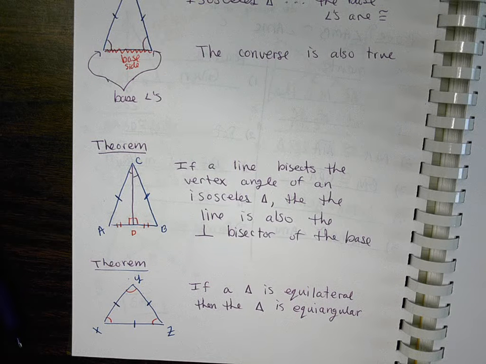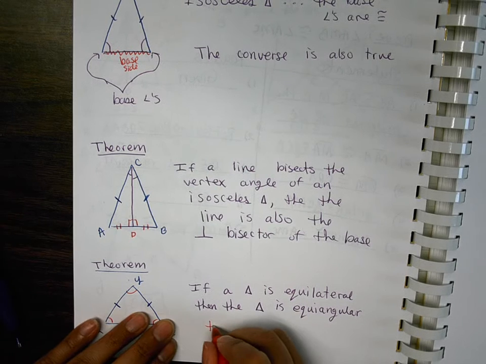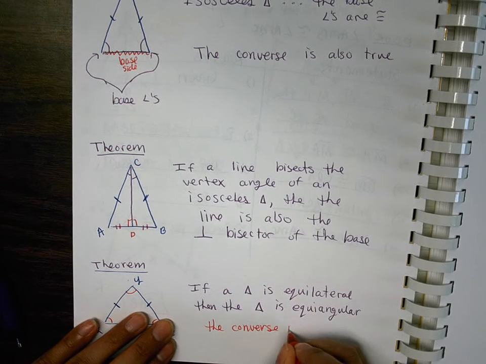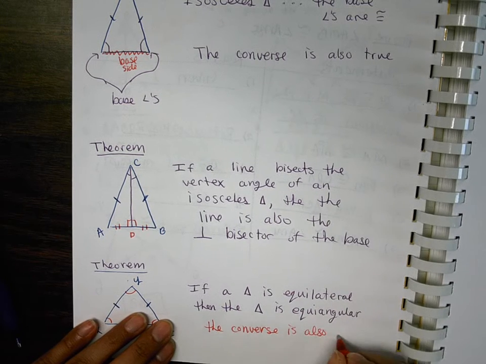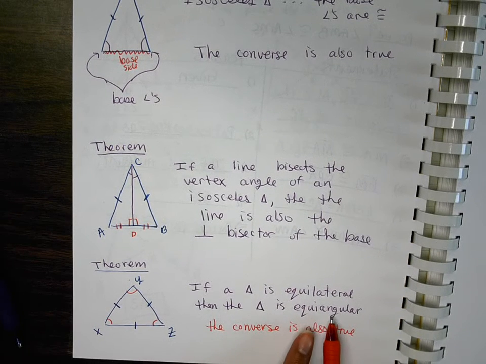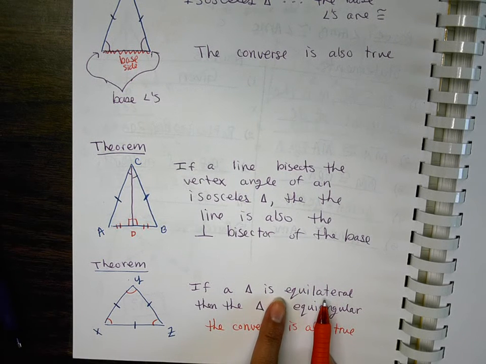Are those theorems called anything? Just theorems. Okay. And on this one as well, the converse is also true. So what does that mean? If I have a triangle that's equiangular, all the angles are equal, what can I assume about the sides?